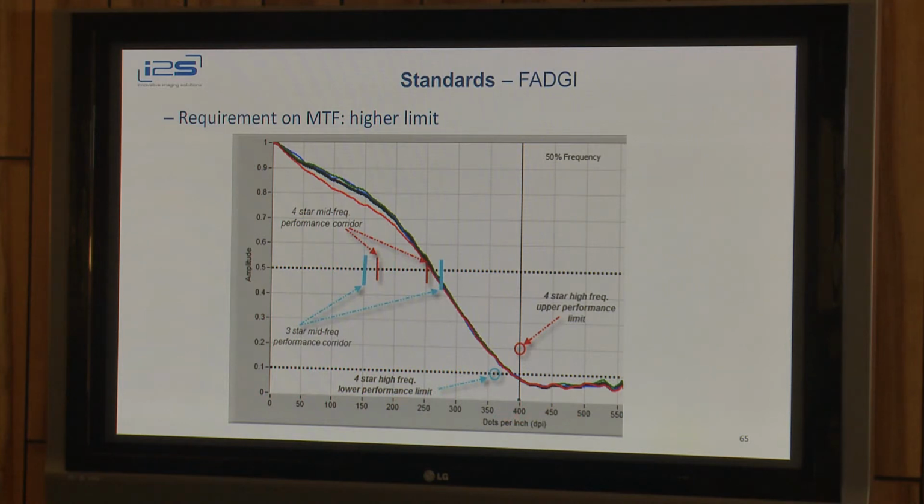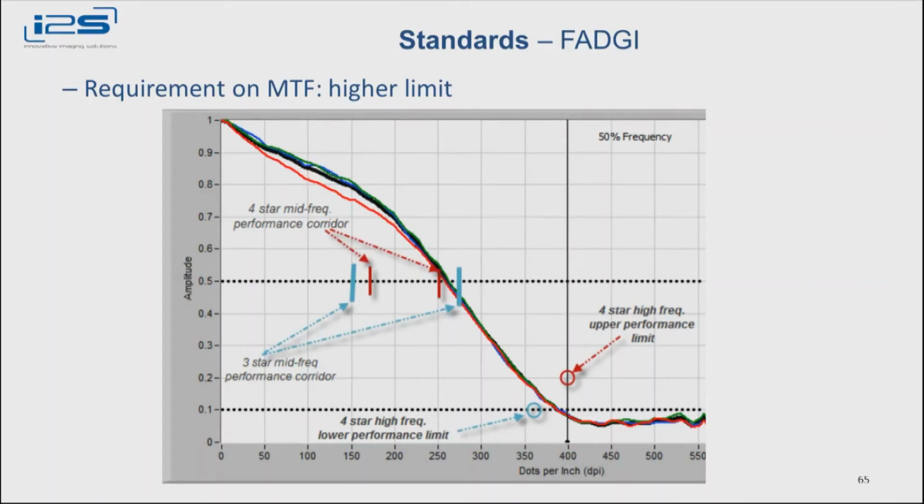They don't use millimeters. So instead of talking about efficiency, they just say I have 350 dpi for 400. So for 4-star you have to reach 90%, but you also have to be lower than this point. The curve has to be within these 2 points, which is difficult to get because sometimes you don't have enough resolution, sometimes you have too much, especially over the whole scanning area.